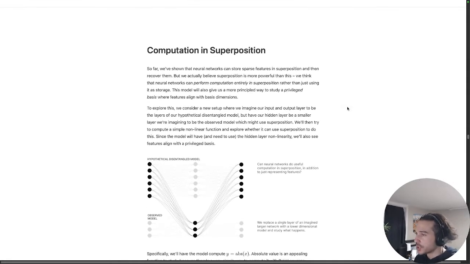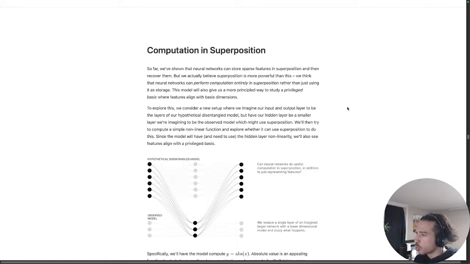Computation and superposition. So far, we've shown that neural networks can store sparse features in superposition and then recover them. But we actually believe superposition is more powerful than this. We think that neural networks can perform computation entirely in superposition, rather than just using it as storage.